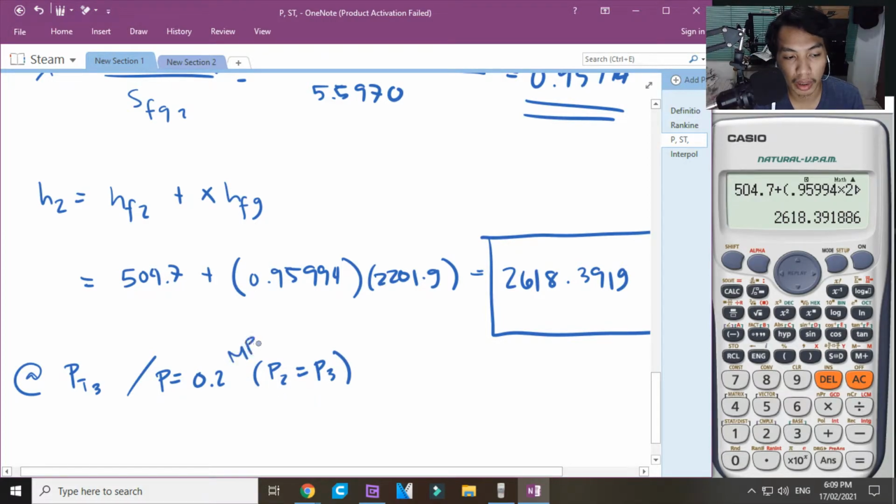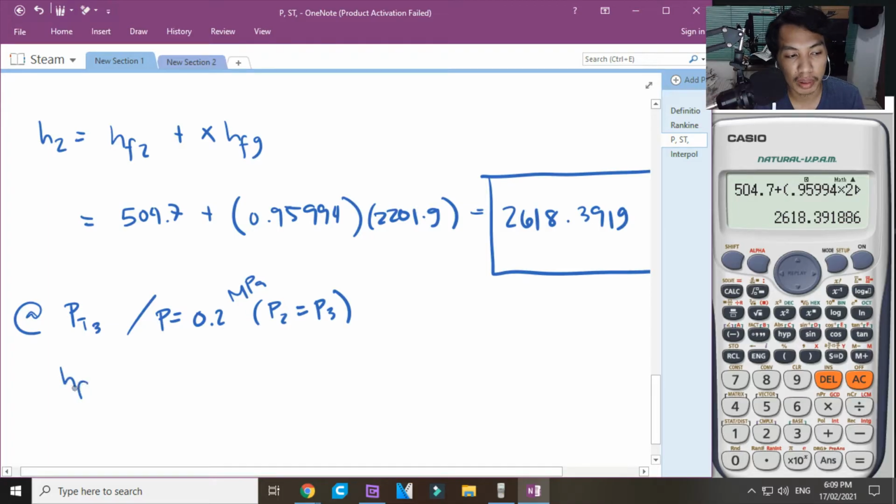Ngayon, yung HF2 mo is equal to H3. And that is 504.7 kilojoule per kilogram.